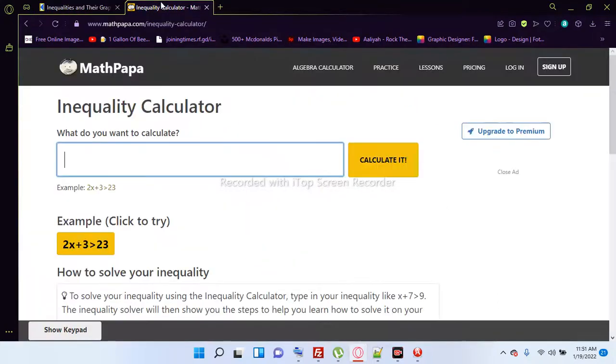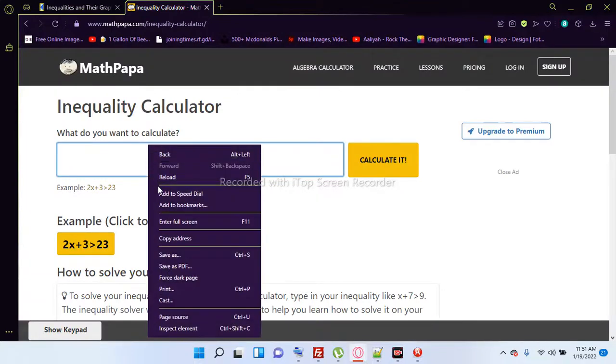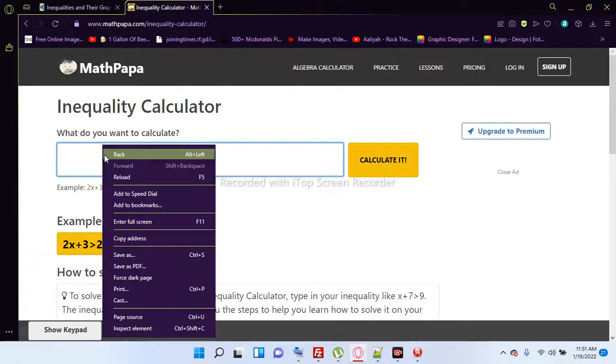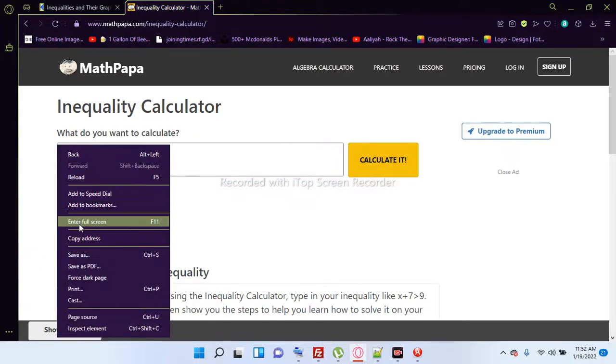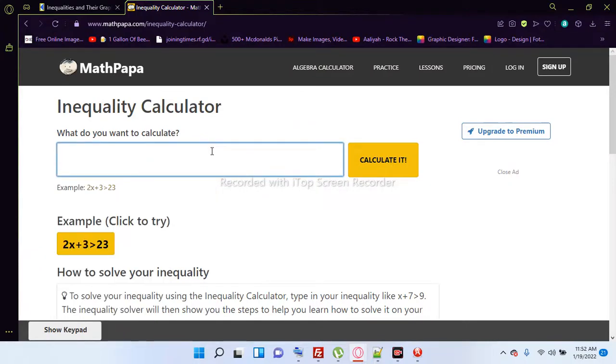Okay, and you go right back over to the inequality calculator and Control V. Okay, let's go in.